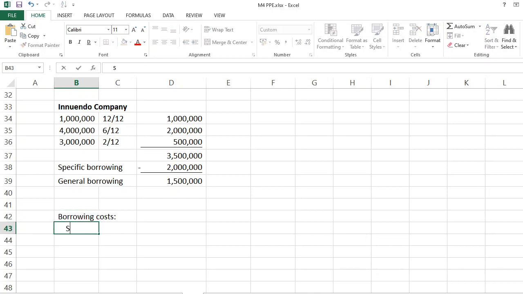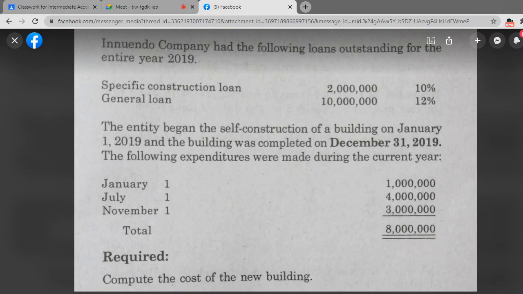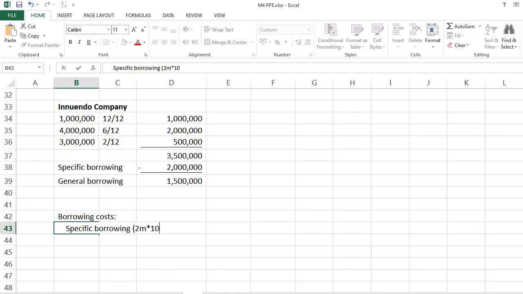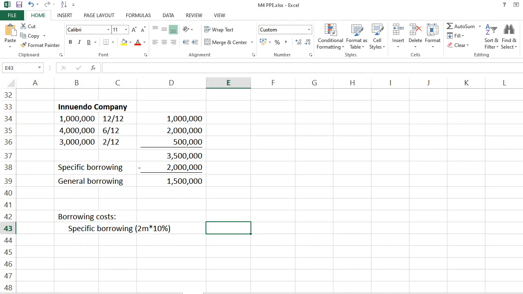First, let's compute for the specific borrowing, and that would be 2 million times, how much is the rate? 10% for the specific loan. So, 10% yun. This time, wala siyang sinabi na nag-invest tayo temporarily, na naka-earn tayo ng income or interest income. So, that's it. 2 million times 10%. That's basically 200.